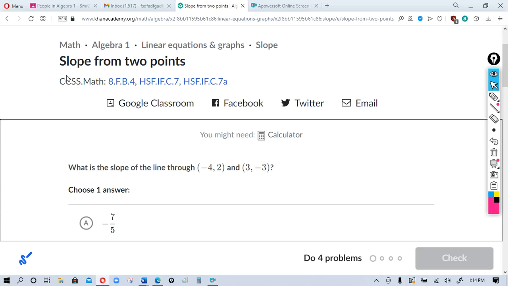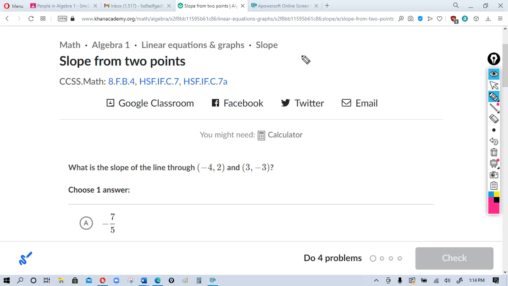This will be for the con assignment, slope from 2 points. All right, if you recall the formula for slope, it's change in y over change in x.